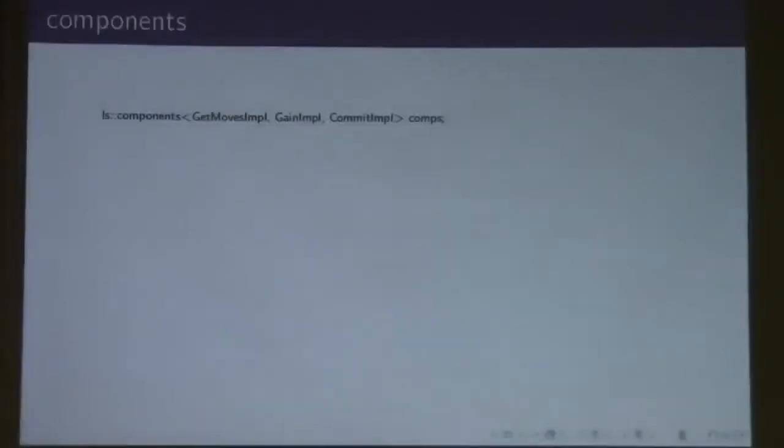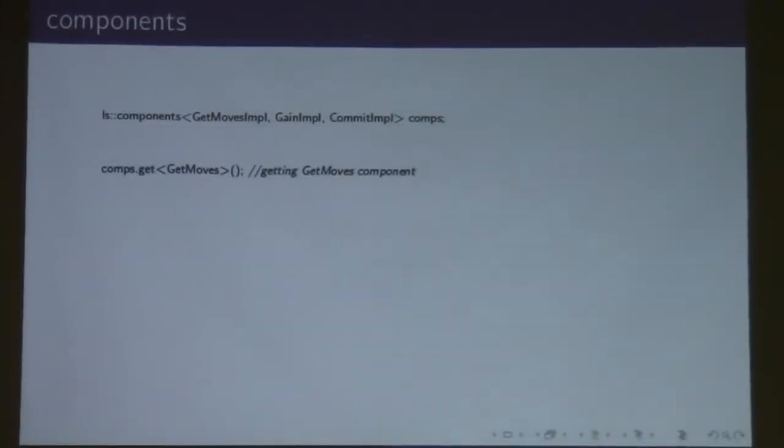Are you with me? Is it clear? Any questions? Just do not hesitate to ask. And here we assume that these implementations are default constructible, but this is not a general assumption. I'm just going to show you a couple of use cases, and we are done with components. So this is the way of retrieving components.